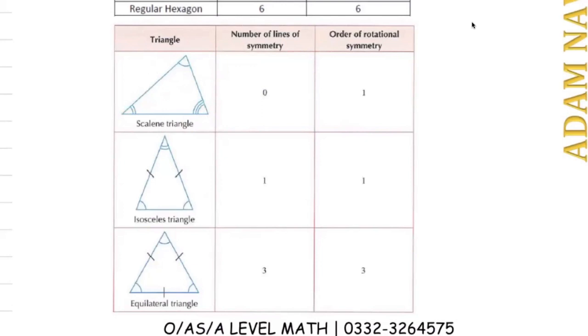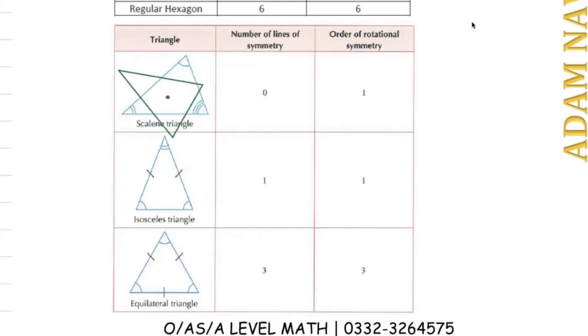Any questions? No. Okay, what can we say about the order of rotational symmetry of this figure? In 360°, how many times will it fit its outline? If this shape is rotated 360°, how many times will it match its outline?